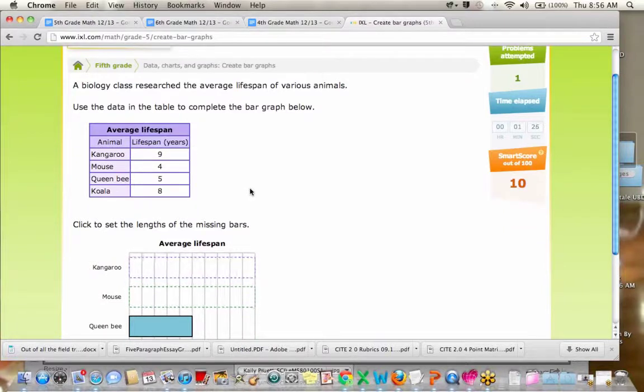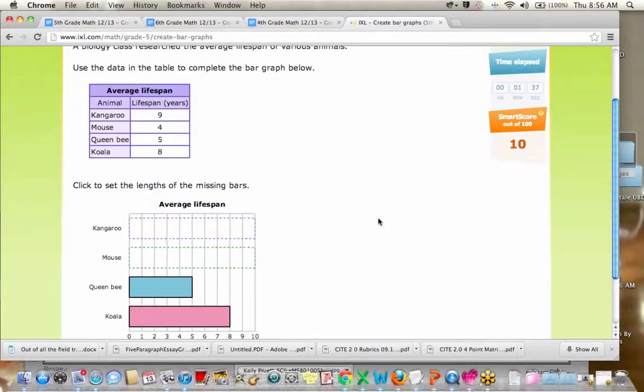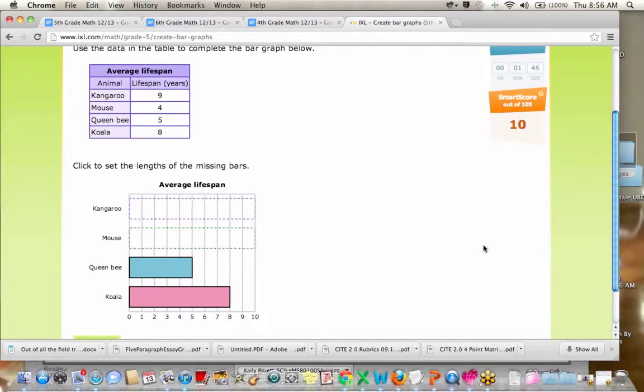Okay. Getting a little bit more complicated now because now we have four different things to look at. We have data in the table and we have animals and their average lifespan, so the average amount of years that they live. So what do I need to type or draw for a kangaroo? How many years is the average lifespan of a kangaroo? 9.